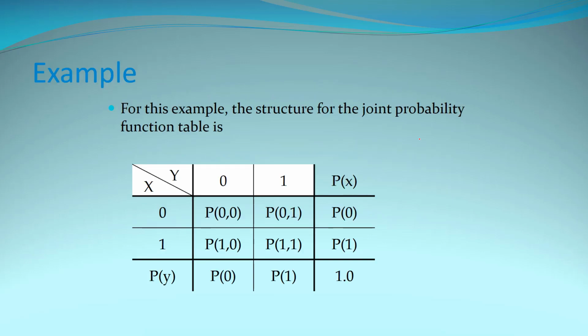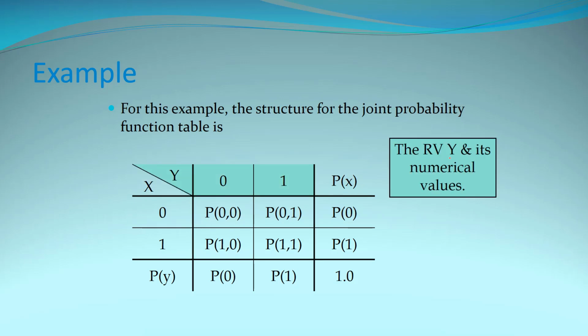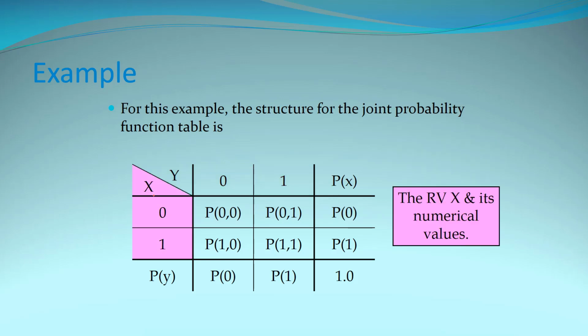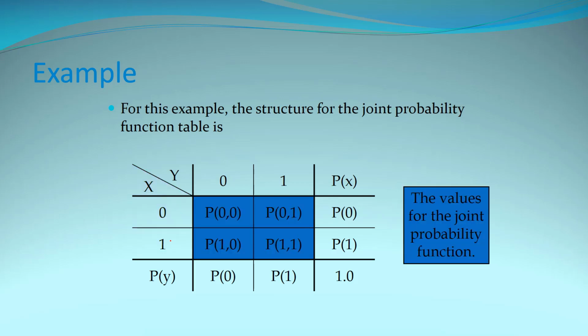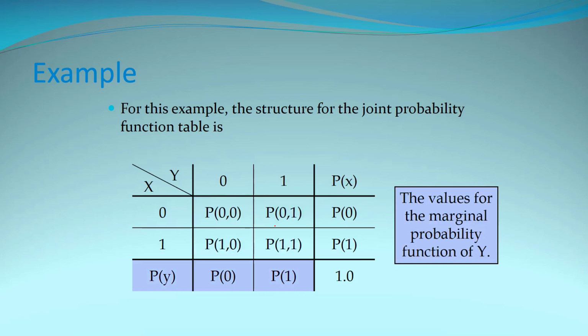For this example, if we've got a random variable y with numerical values 0 and 1, remember, this is y, this is x, so we've got x equal to 0 or 1, and then the values for the actual joint probability function within the table.